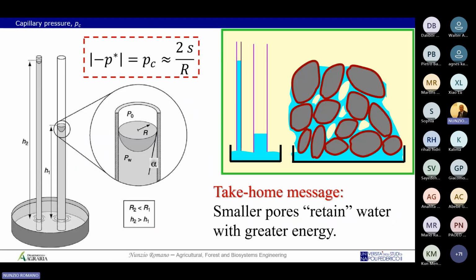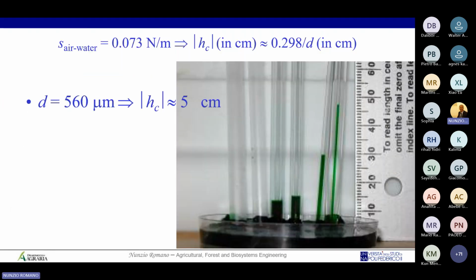And I show you here that if we have a capillary tube of 560 micron, you have a capillary rise of about 5 centimeters. If you have a capillary tube of 100 micron, you have a capillary rise of 30 centimeters.